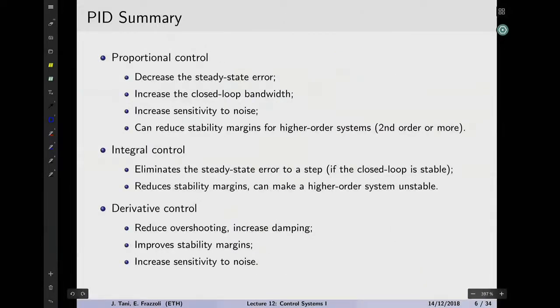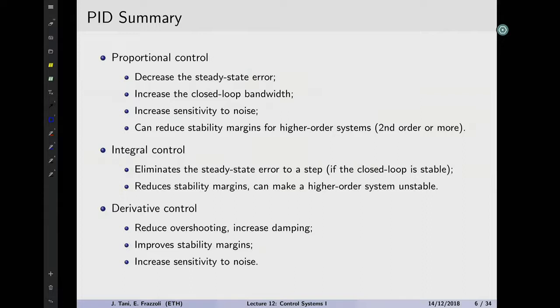So in summary, last class you saw that the proportional control term helps in decreasing the steady state error. You remember that when you had the same number of poles and zeros in the open loop part of the system with respect to the order of the ramp, you get a finite steady state error, and that steady state error is inversely proportional to the gain.